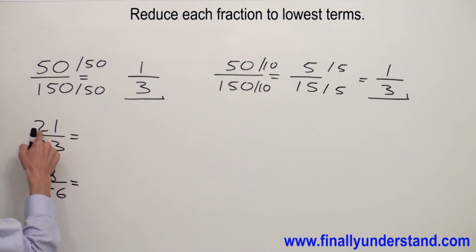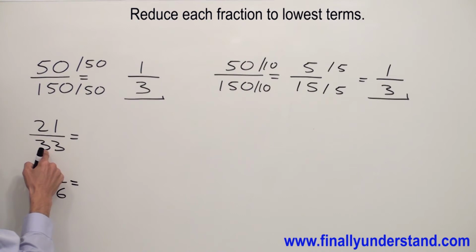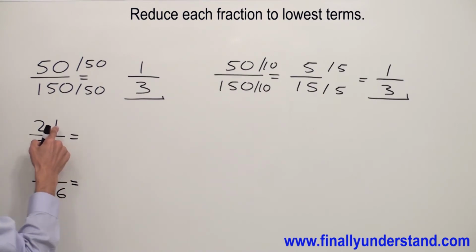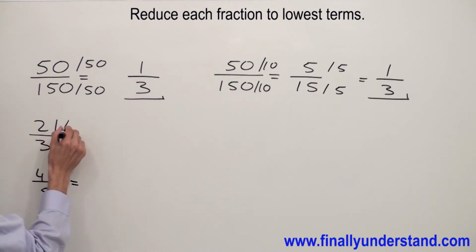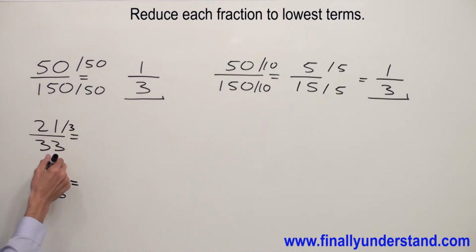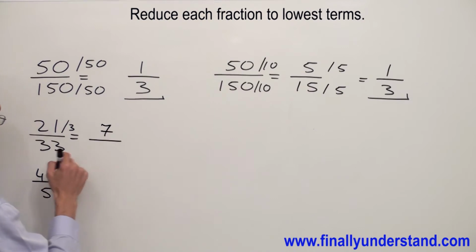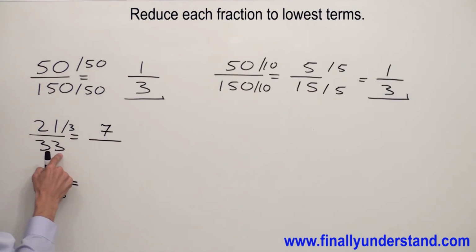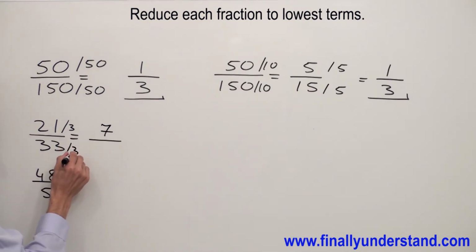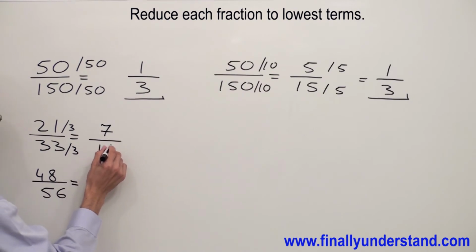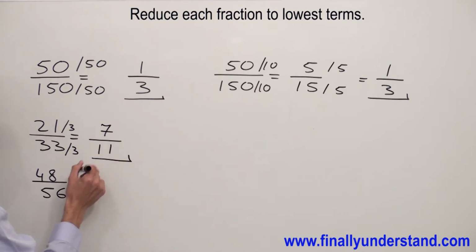Remember, anytime you add these two numbers and you get a number which is divisible by 3, it means this number is divisible by 3 and this one is also divisible by 3. So I have 21 divided by 3 is 7, and 33 divided by 3 is equal to 11. This is the solution to this problem.